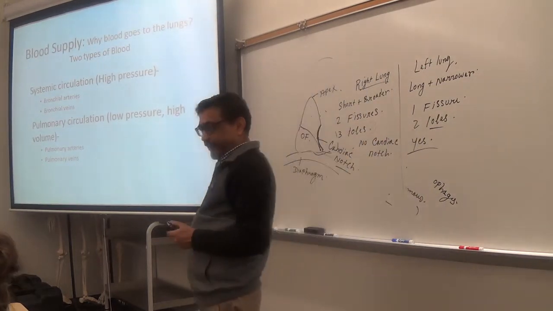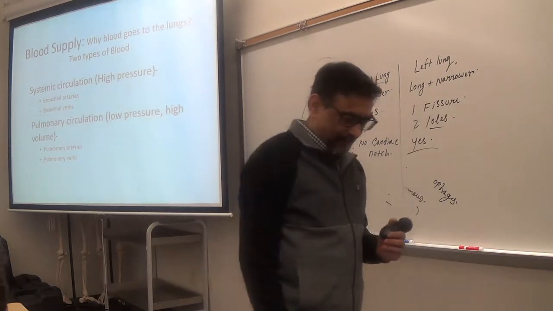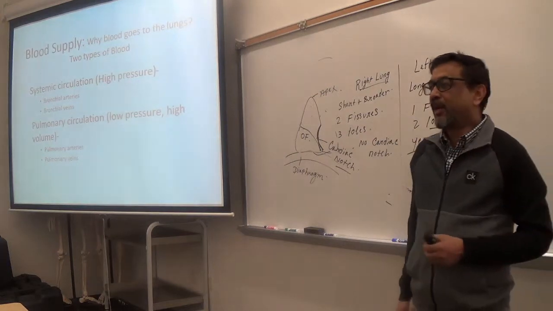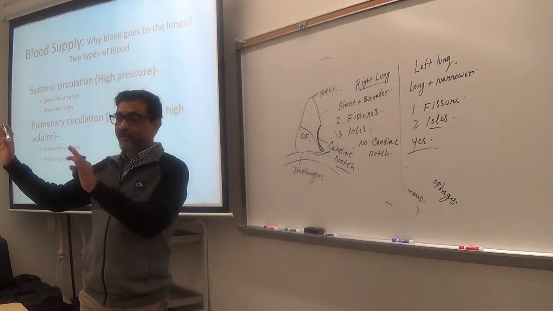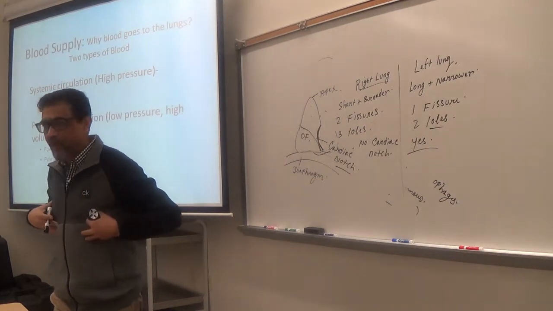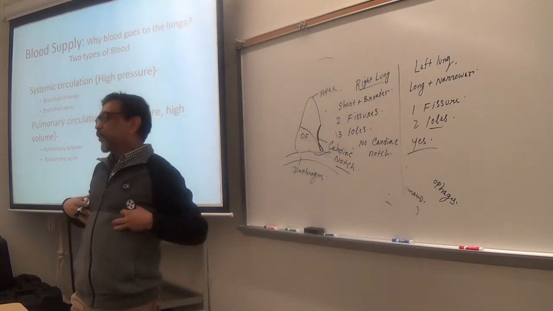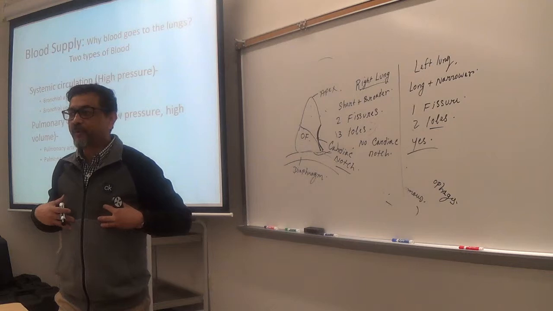Now, blood supply of the lung. You all know that pulmonary circulation is the circulation between your heart and what? Lungs. Pulmonary, right? So we know that lungs receive blood from the heart, right?